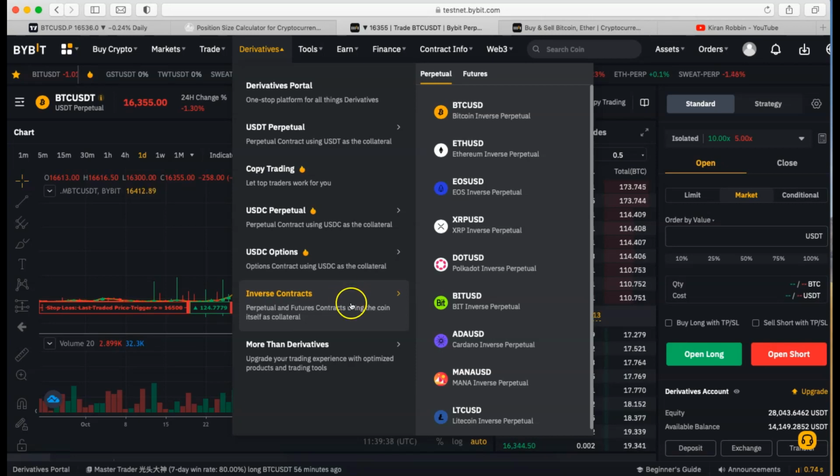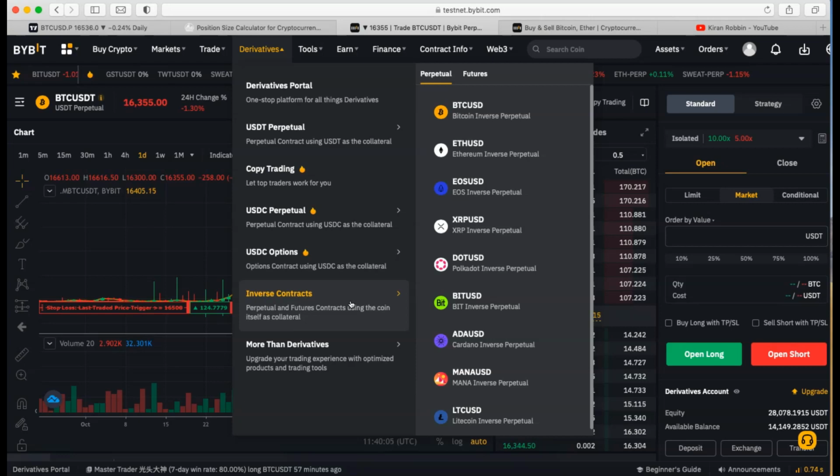Say, for example, if you believe that a cryptocurrency like Bitcoin or Ethereum will go up in the future, and you want to focus on accumulating as many units of it, you might decide, okay, now I might set aside some portion of my portfolio to trade with those cryptocurrencies as the denominator, and I'm going to focus on winning trades and accumulating lots of units of those trades. So that's what inverse contracts are for.